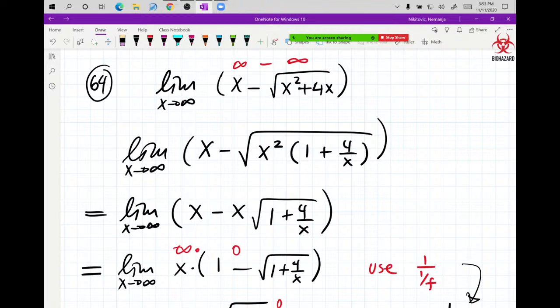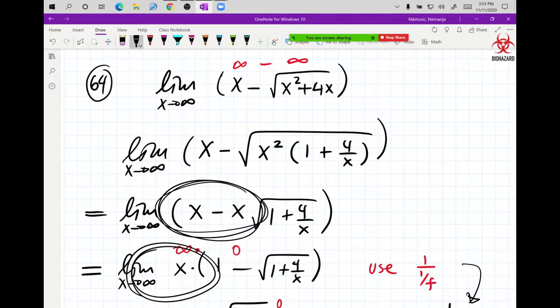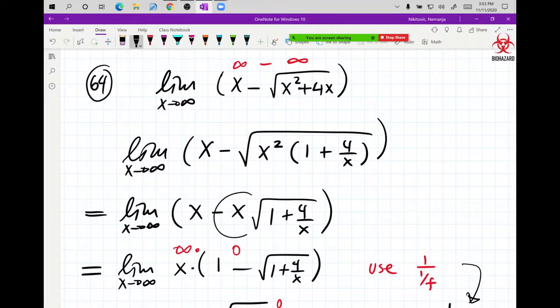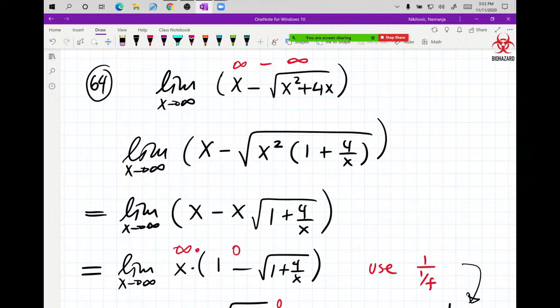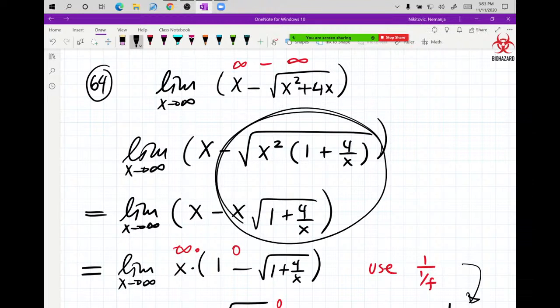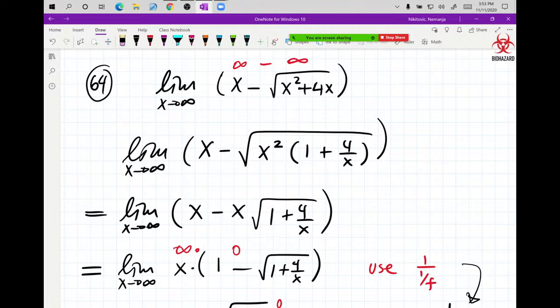So, in order for us to eventually factor x, like we did here, we know we have to create that x. And that x is created by the x squared under the root that goes out and becomes x. So, we first factored out x squared, then we took x squared out, and once the x squared is out, which became x, then we factor that x.